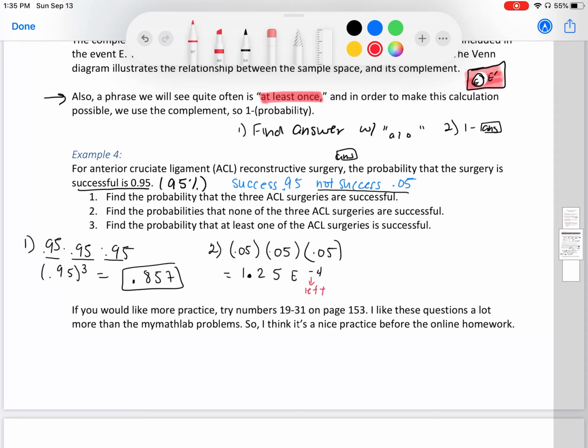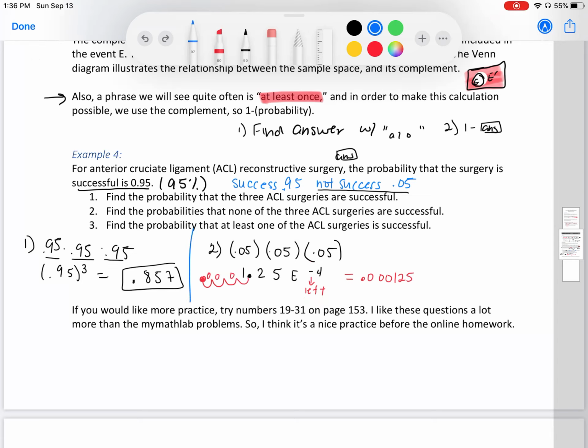So you're moving it left 4 spaces, so that you have 1, 2, 3, 4, and that's your new decimal. Every empty space is a 0. So really this is 0.000125. Also, if this were a positive, then you move your decimal to the right. It just means a really big number.